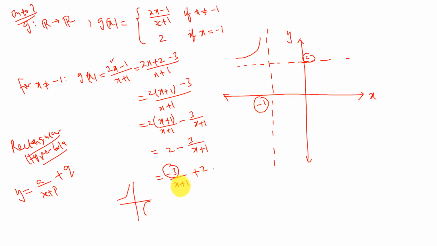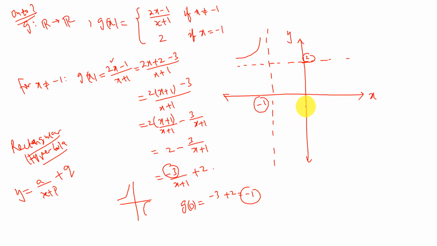Right, when x is 0, for instance, here you'd have that y is minus 1. g(0) is minus 3 plus 2, which is minus 1.